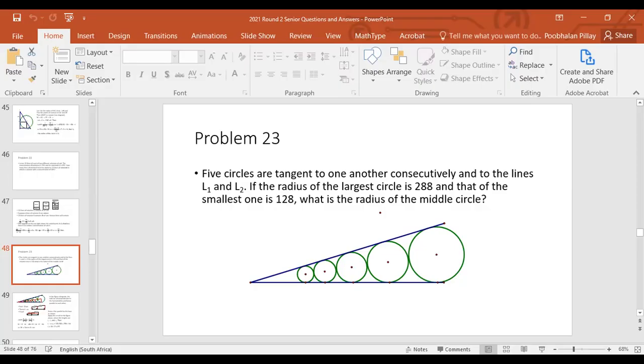Let me just draw the radius. So the radius of the largest circle is 288. I'm not going to put that number down because we've got lots of other radii here. And the radius of the smallest is 128.